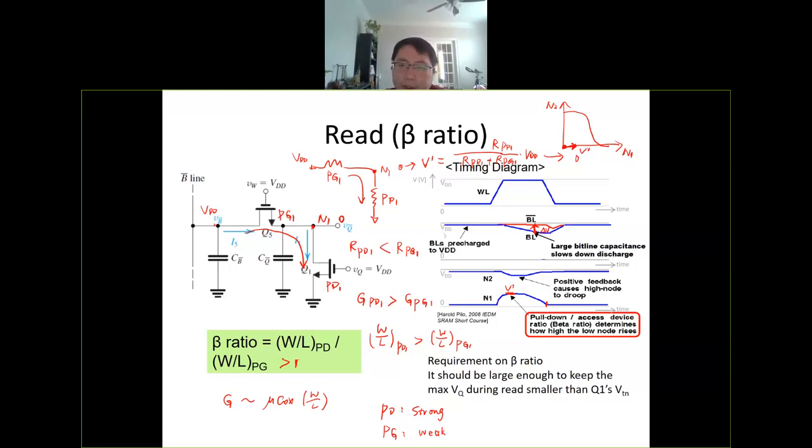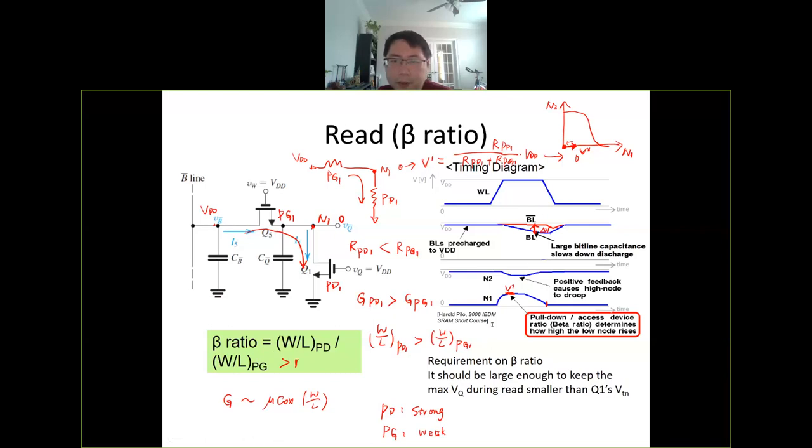And after the word line is closed, it's like you are going to restore this signal back. Due to the noise margin, the feature of the inverter, this will go back to 0. So this is why we want this one to be small enough. If it's too large, then this will flip. So that's why we have this kind of requirements on the W/L ratio.